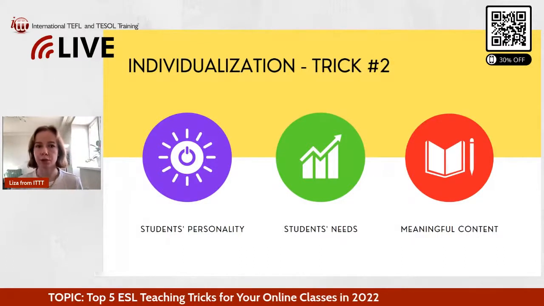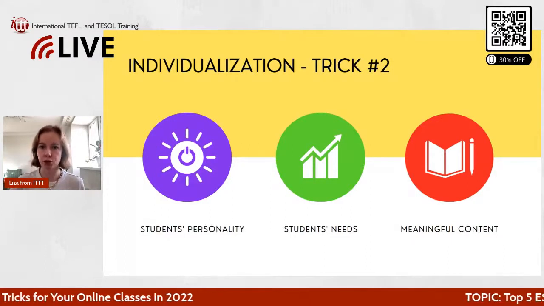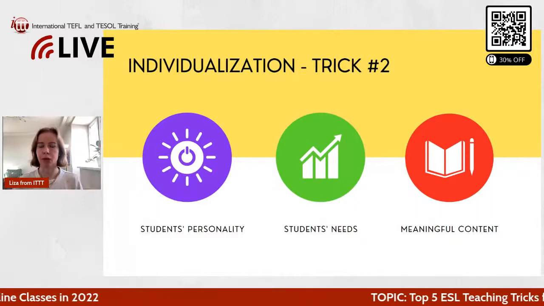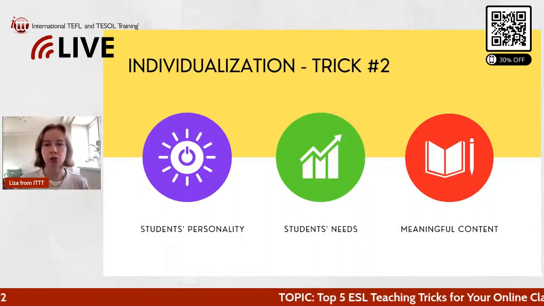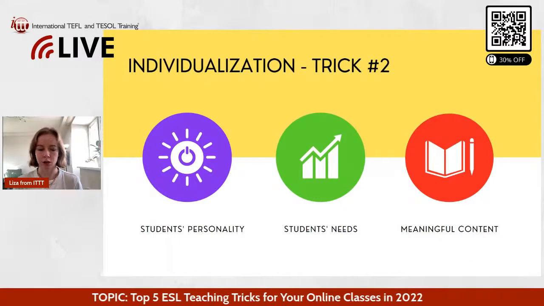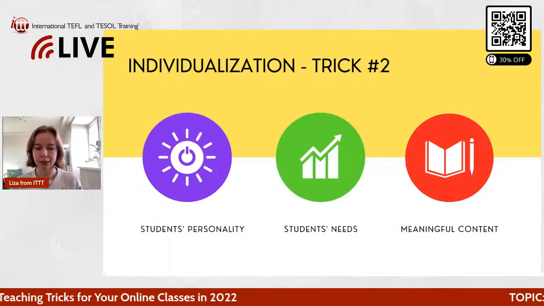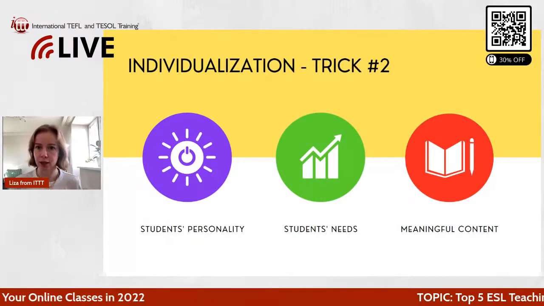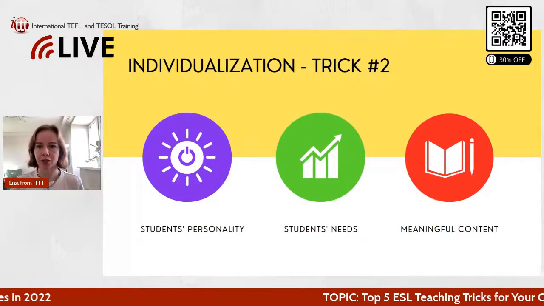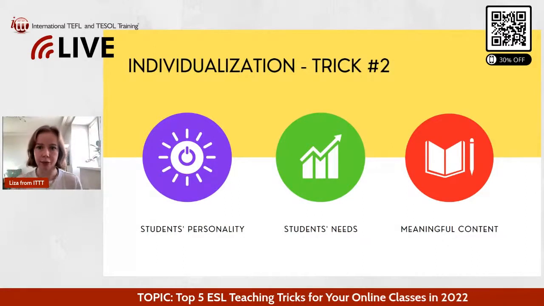So if you want to make sure that you have this stream of students coming to ask you for services, you need to provide something individual. So basically, just to review the ideas that we have already discussed, the number one thing to try in 2022 is gamification.